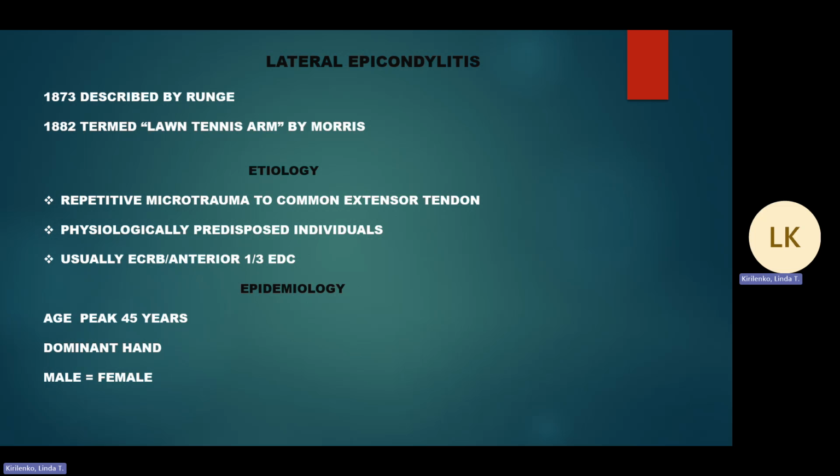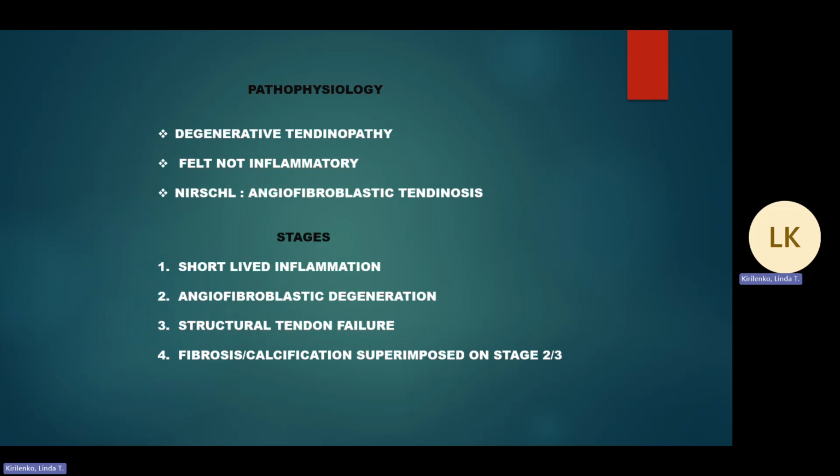Epidemiology and demographics, age peak is at 45 years. Dominant hand is most frequently involved. No sex difference between male and female in terms of incidence. Pathophysiology, it's a degenerative tendinopathy, non-inflammatory.